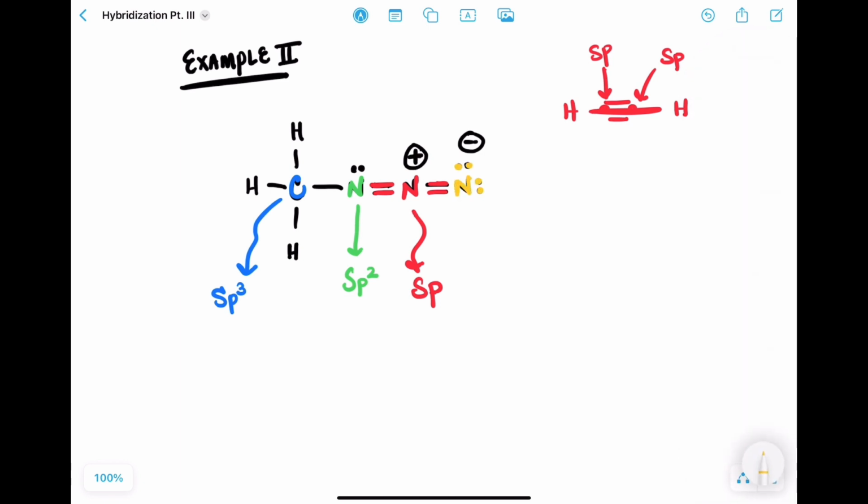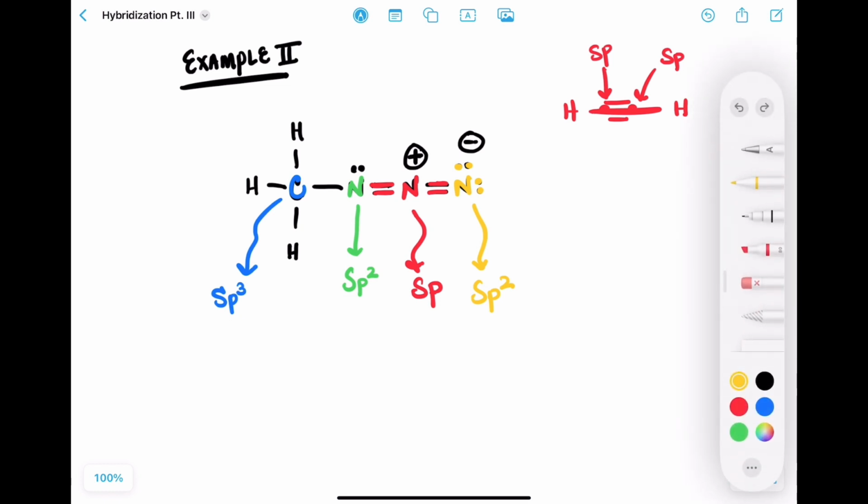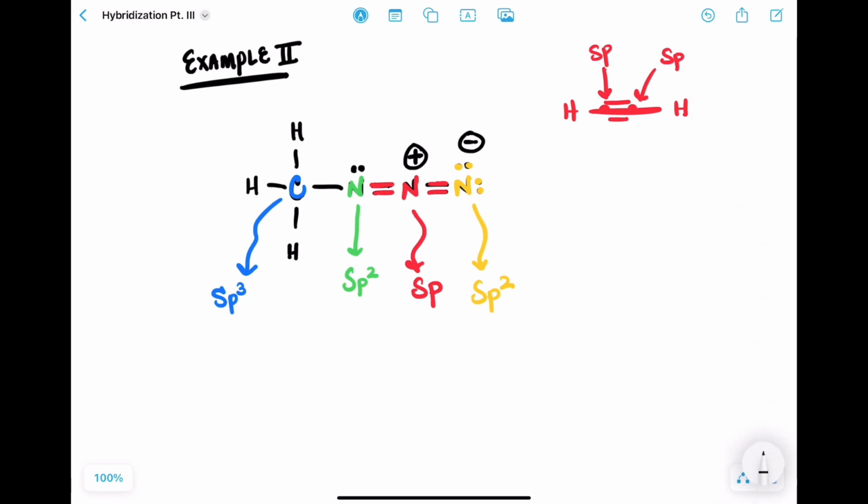It has how many electron domains? 1, 2, 3 total. Whenever we have 3 electron domains, we're going to have sp2 hybridization. Hopefully, this helps you recognize this trap of having 2 double bonds on a single atom being sp. So we look for triple bonds and we look for 2 double bonds on an atom. Those have sp hybridization. So those are the things that we're going to watch out for.